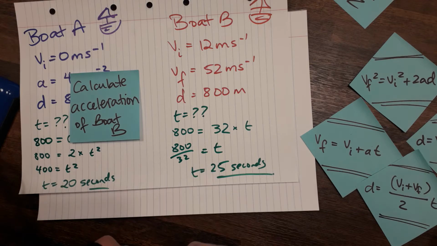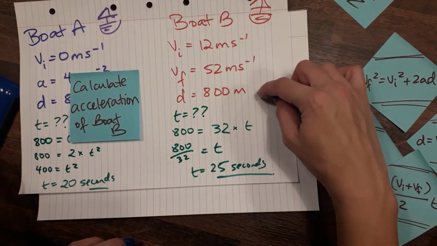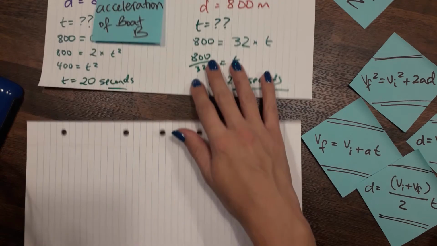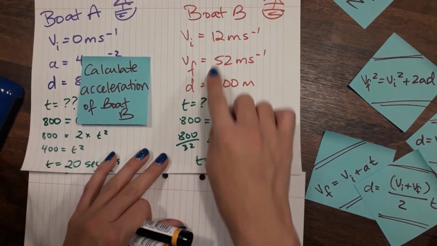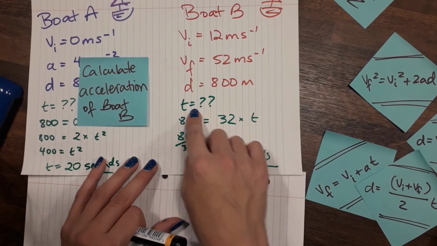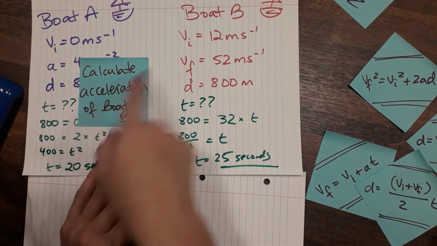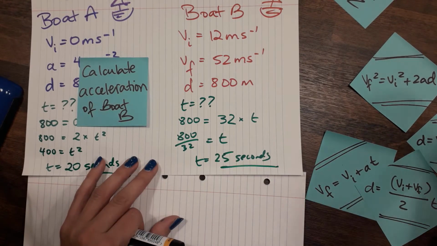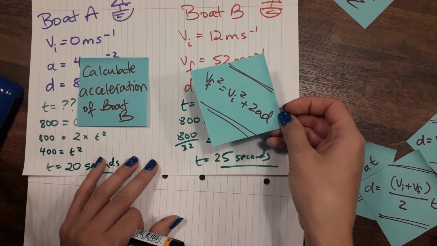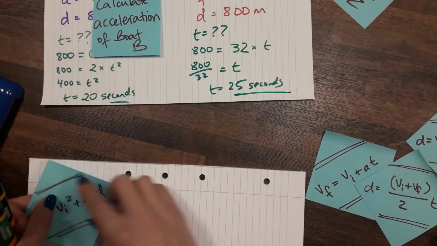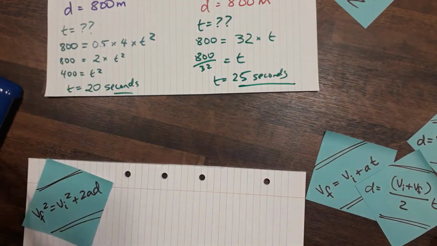So I would prefer to use the values that I'm given in the question. So I have VI, VF, and D. I want to calculate A. So I need a kinematic equation that does not have T in it. So I'll use this one to calculate the acceleration of boat B.